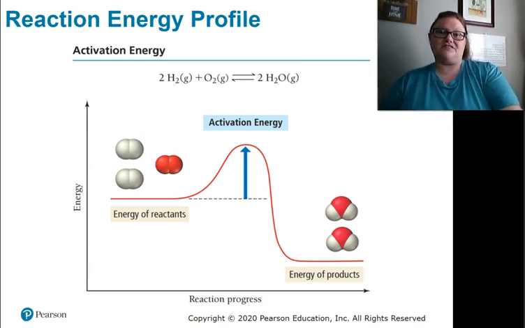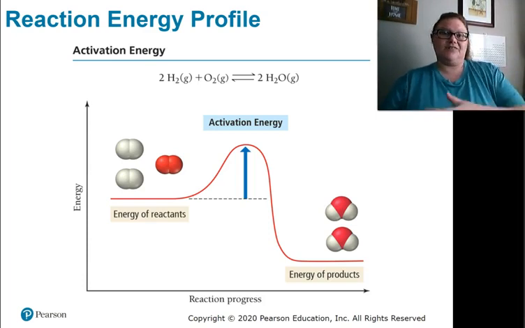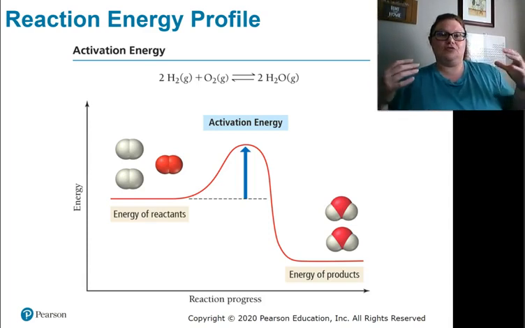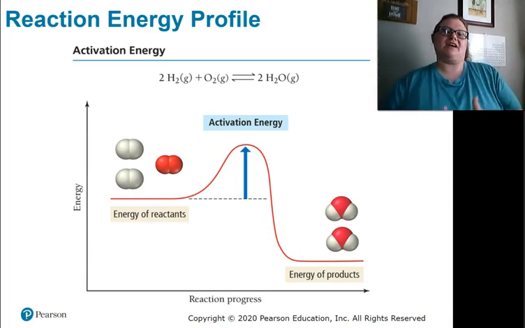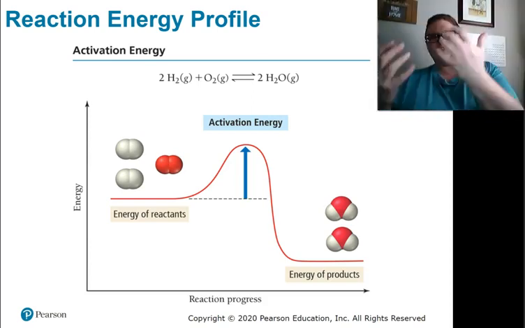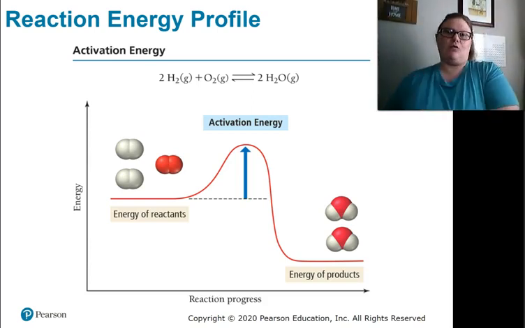This is hydrogen and oxygen here on the left. They can exist with each other in the same container and not react. You have to give them that extra energy, that push, in order to force the reaction to take place. And then you could see the energy drop as they've formed the very stable water molecules.